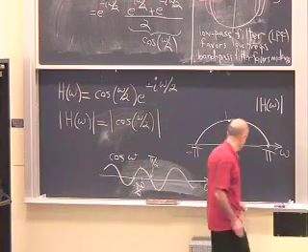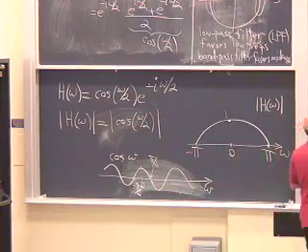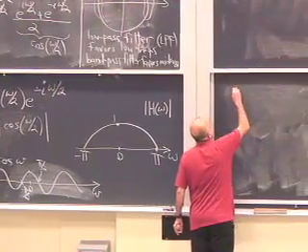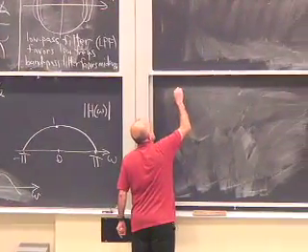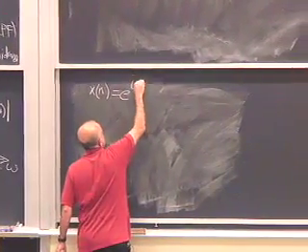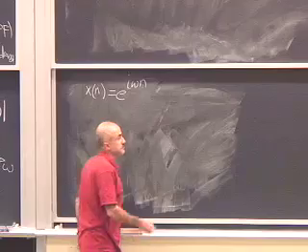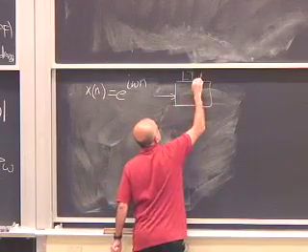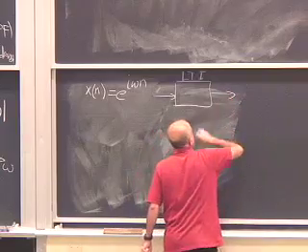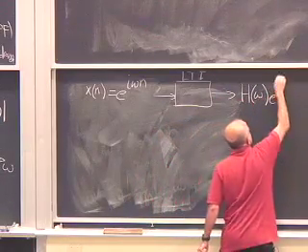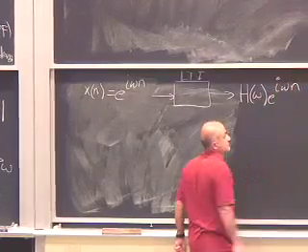Well, let's see. x of n, one of the things we learned last time, and also this time, is that when x of n is e to the i omega n, and it goes into an LTI filter, it comes out as h of omega e to the i omega n.